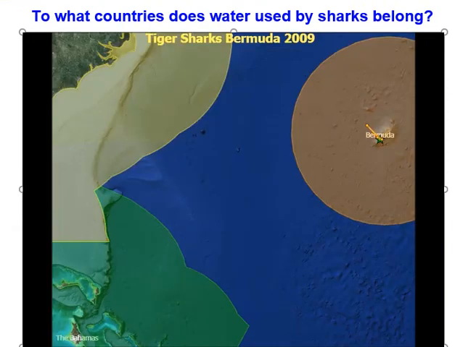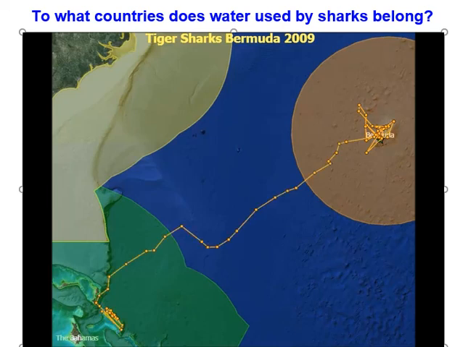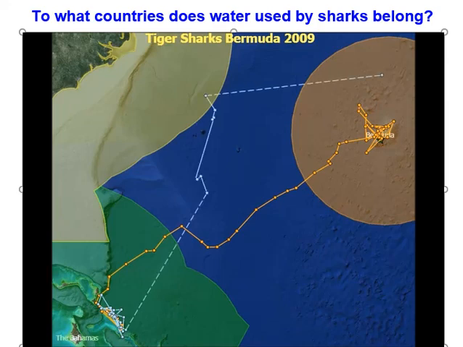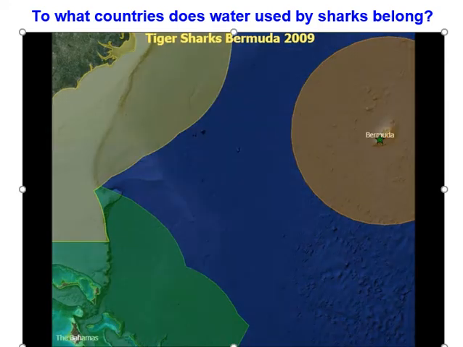And then this last question, before we get into the individual species, is what countries are being used? So if you look at a tiger shark, for instance, each country has its own waters. This tiger shark moved from Bermuda to international waters, and now it's down into the waters of the Bahamas. So this is in the waters of two countries. Now it's back up, now it's spent a little bit of time in U.S. waters.